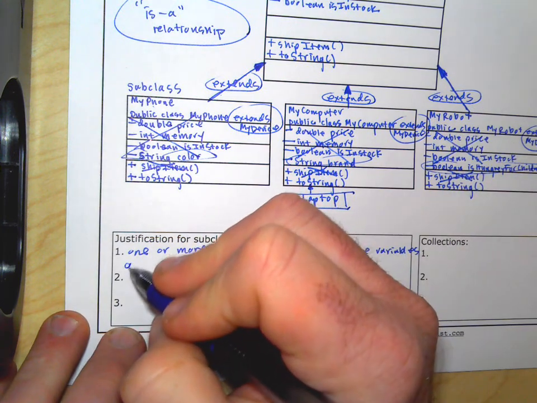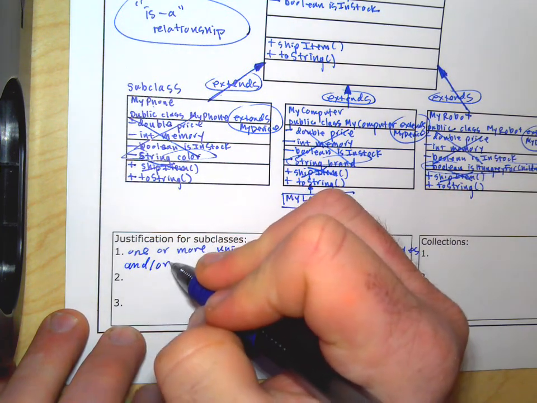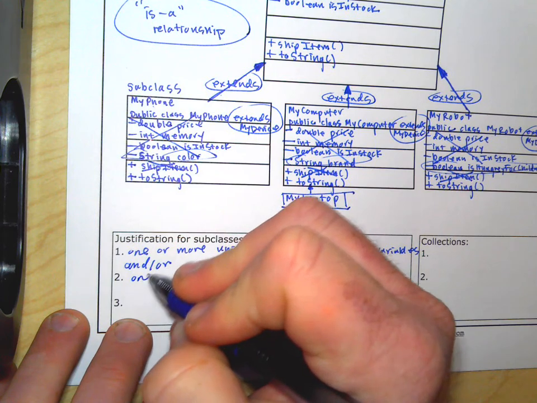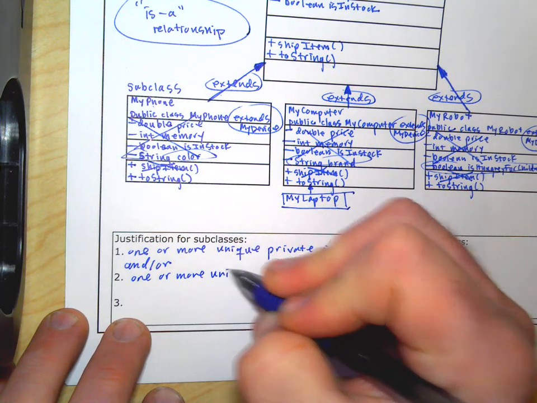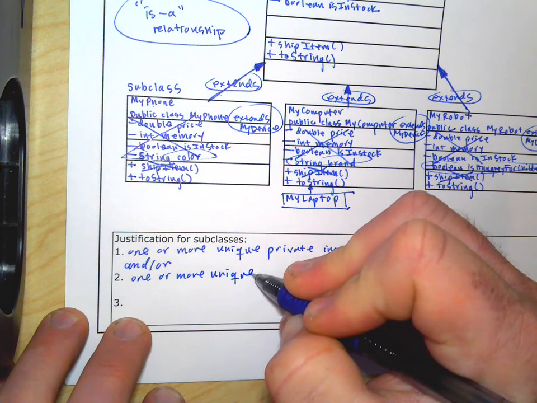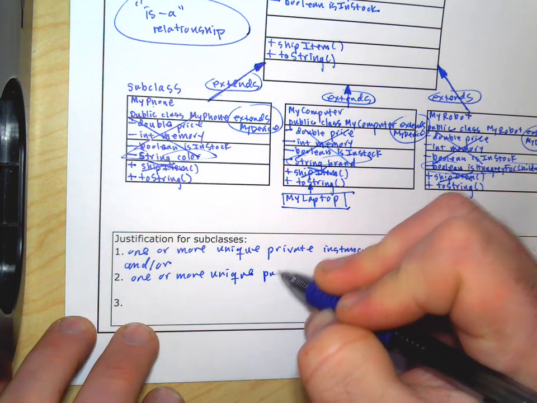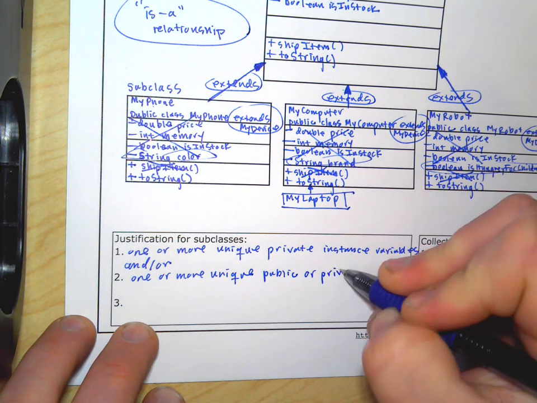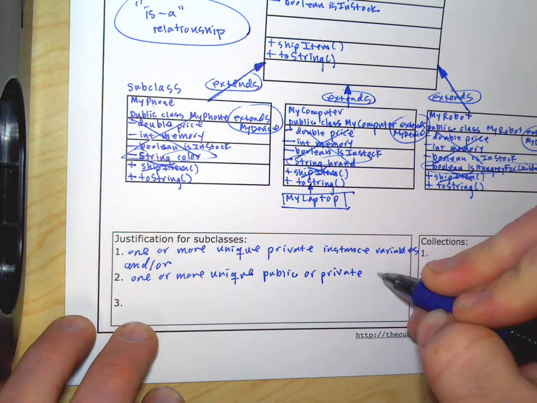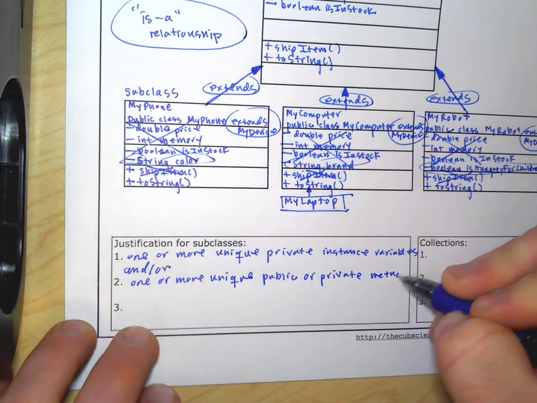You know, and or one or more unique public or private methods. Okay.